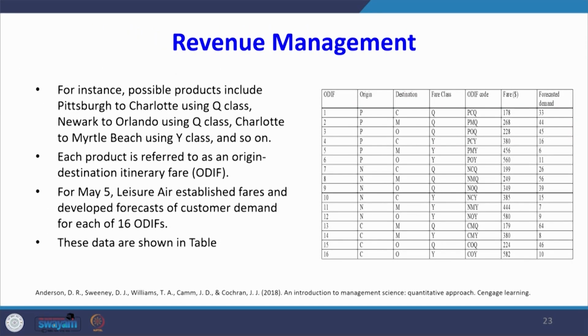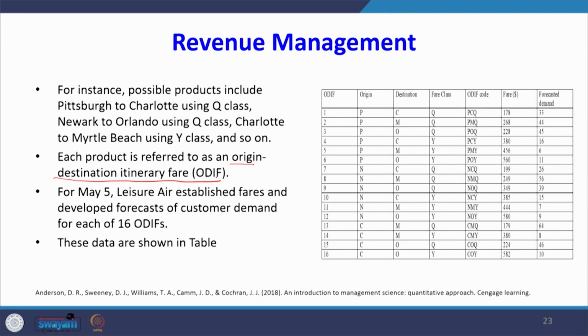For instance, the possible products include Pittsburgh to Charlotte using Q class, New York to Orlando using Q class, Charlotte to Myrtle Beach using Y class, and so on, because in every leg there are two possible products. Each product is referred to as an origin-destination-itinerary fare, ODIF.